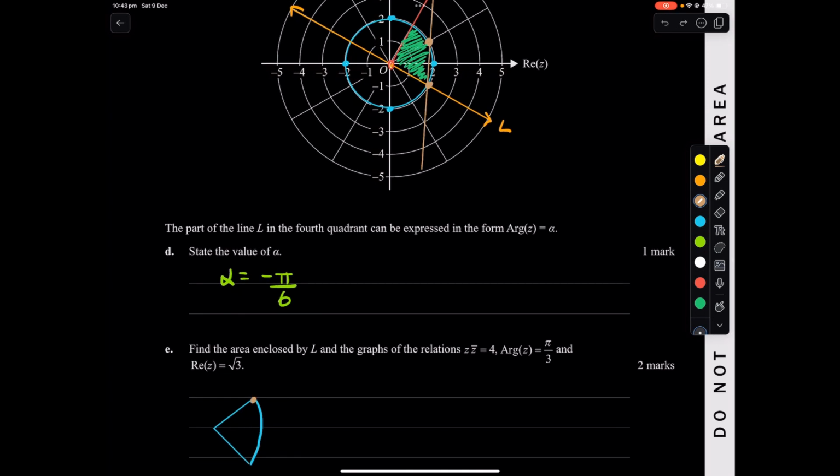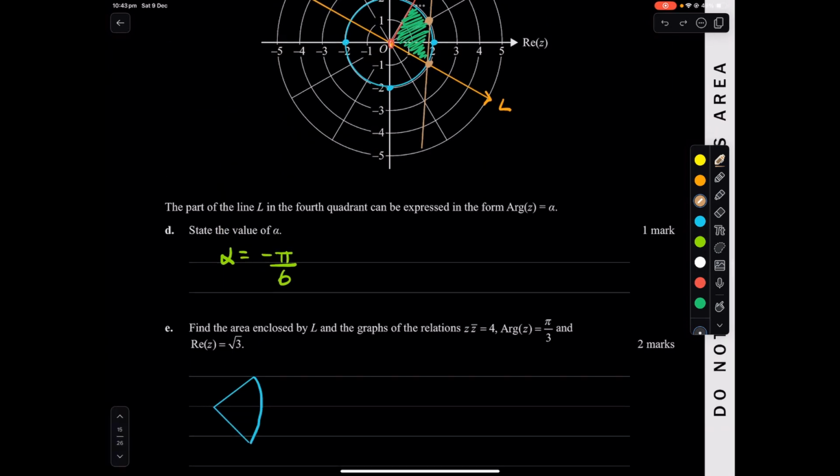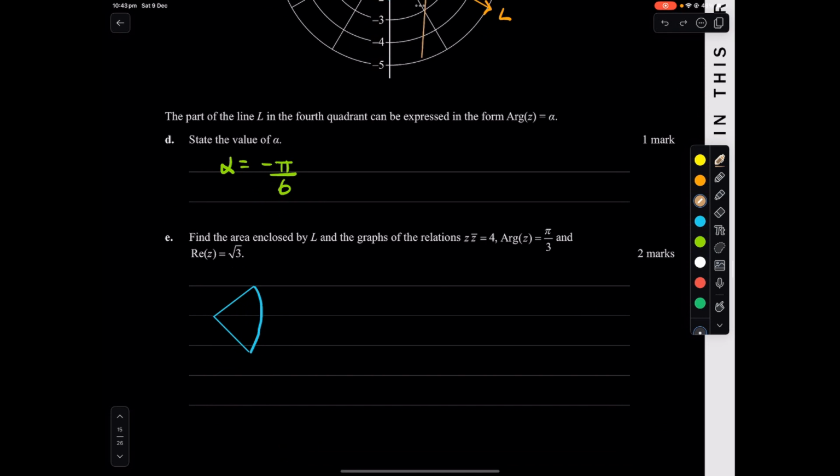Actually, that's not the best way. It actually looks like this. That's actually very hard to draw, because it looks like this then. Okay, so it looks like this, and we want to find this area.